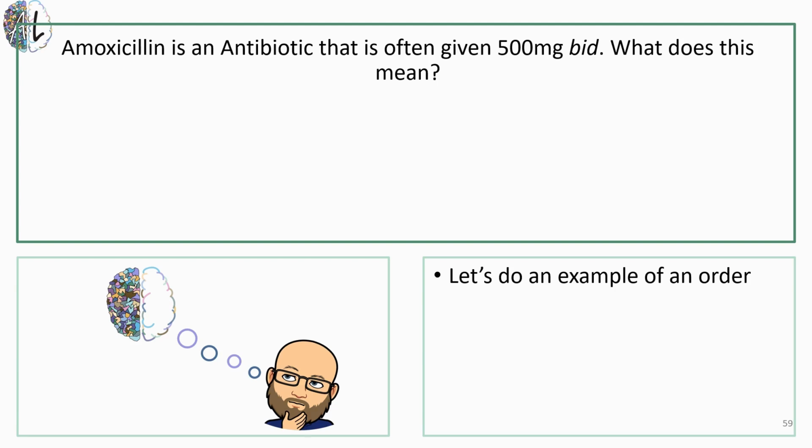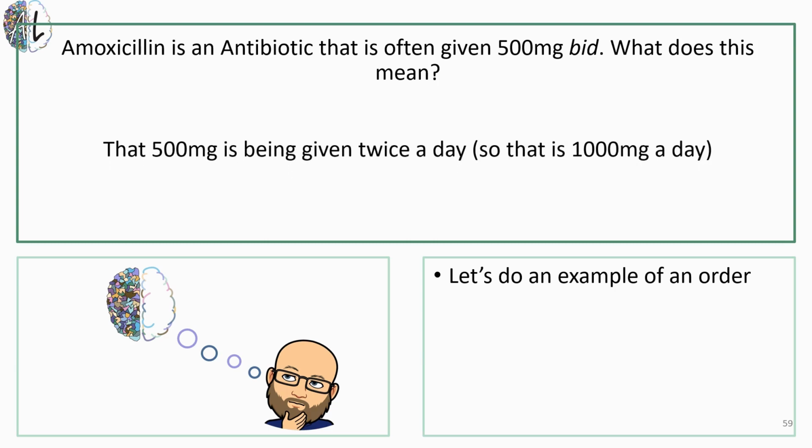Okay, if you need to go back, review, rewind the video, please feel free as you're answering these questions. Hopefully this is an easy one. So that is 500 milligrams. It's being given 2 times a day or twice a day. So it's up to 1,000 milligrams. So understanding that BID that's going to be written by the physician is incredibly important because we need to give this medication 2 times per day.